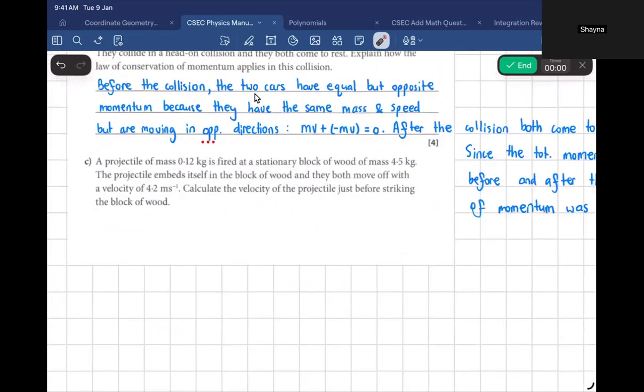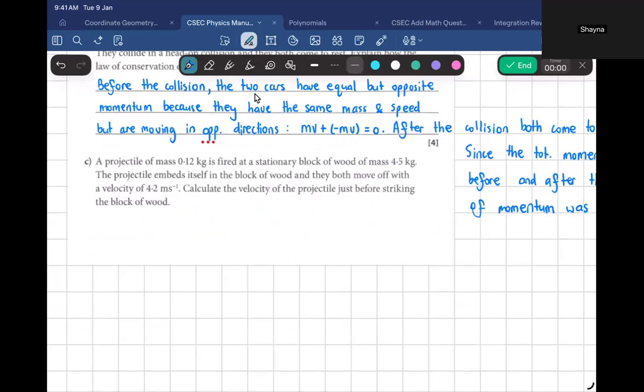Let's do C. A projectile of mass 0.12 kg is fired at a stationary block of wood of mass 4.5 kg. The projectile embeds itself in the block of wood and they both move off with a velocity of 4.2 meters per second. Calculate the velocity of the projectile just before striking the block of wood.